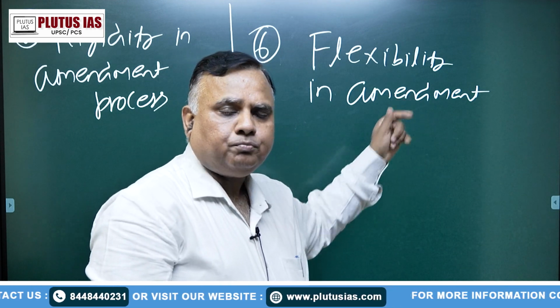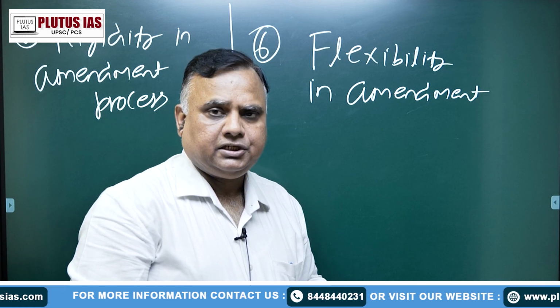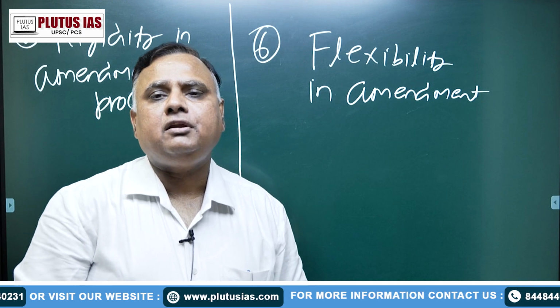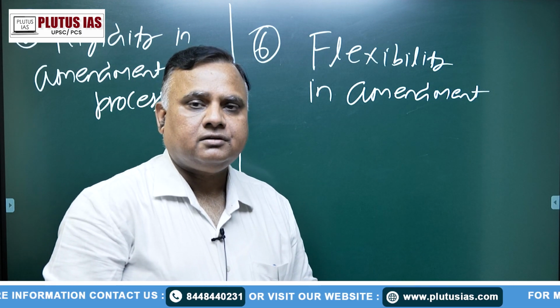States are not taken into loop. Their recommendation or their suggestion or their approval or their ratification is not required to make any law or any amendment by central legislature.